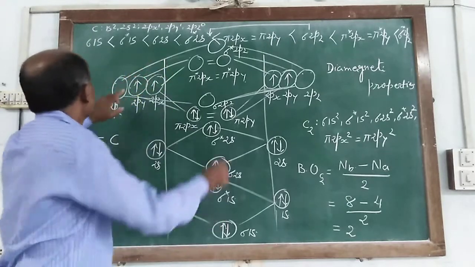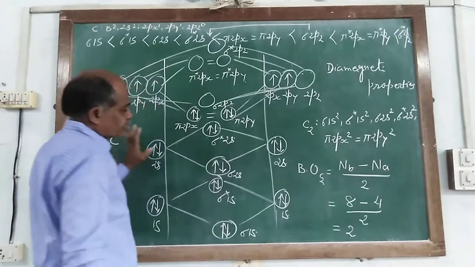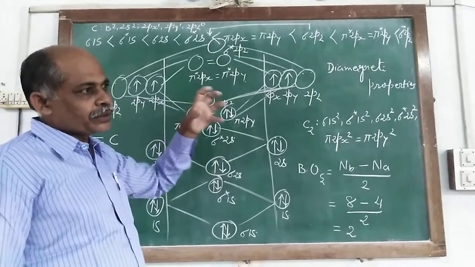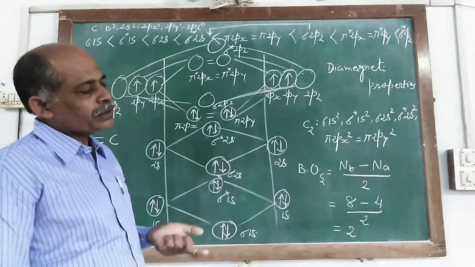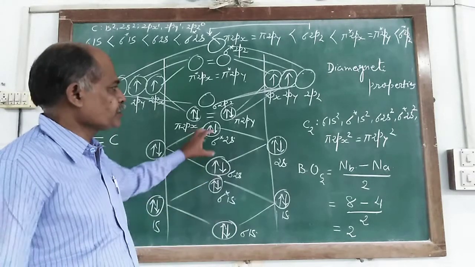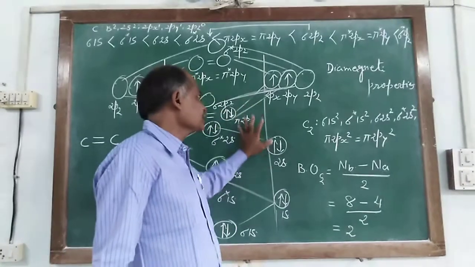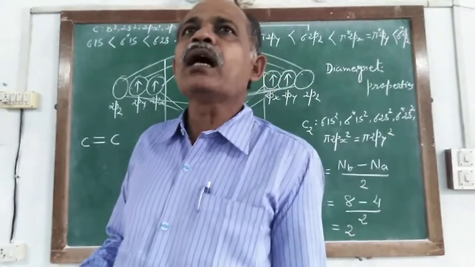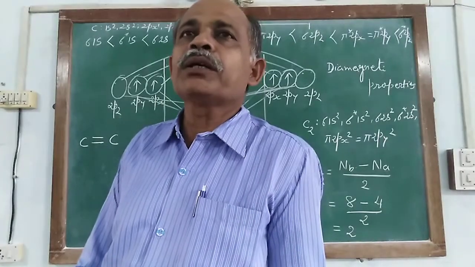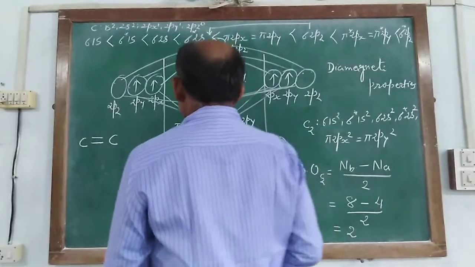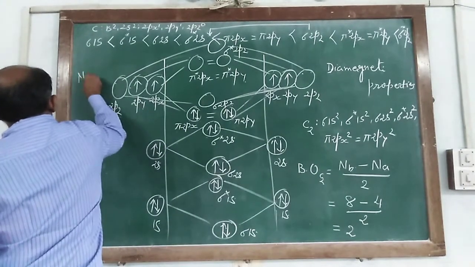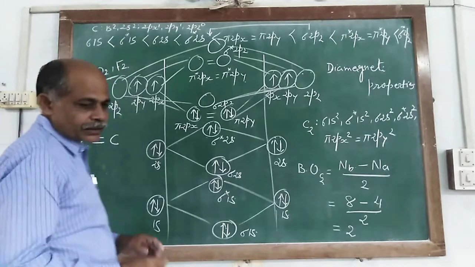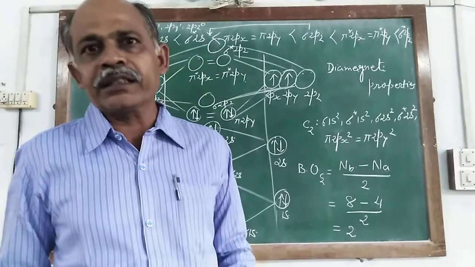So we explained the energy level diagram with calculation of bond order as well as explanation of the magnetic properties for some molecules and ions. Now three molecules, N2, O2 and F2, remain, and they will be explained in the next lecture.